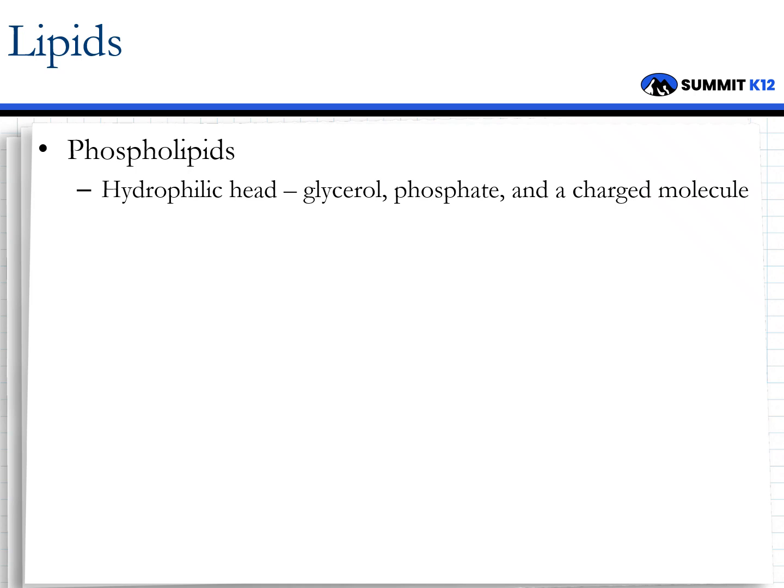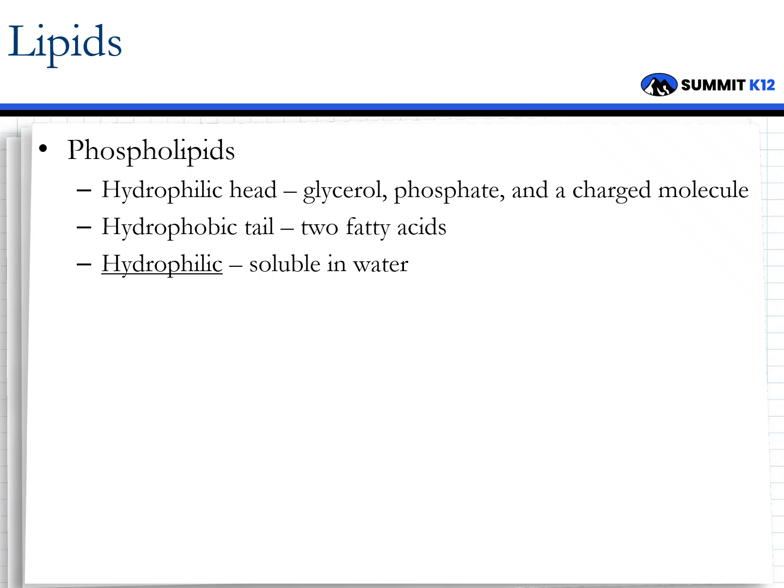They want to be around water. They want to be saturated in water. Hydro means water, philic means like. They like water. Hydrophobic tails, which are the 2 fatty acids, hydrophobic, hydro means water, phobic means hate, so it is horribly afraid of water, doesn't want anything to do with it. And these are 2 fatty acid tails.